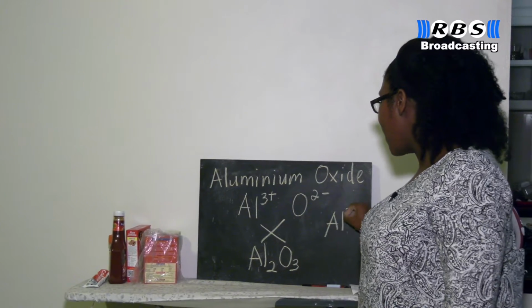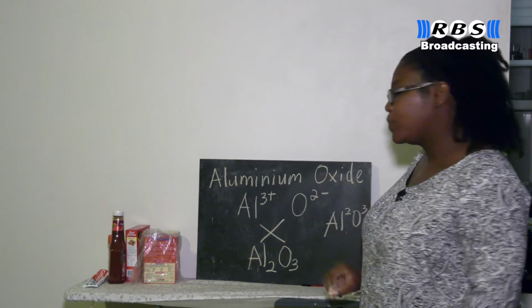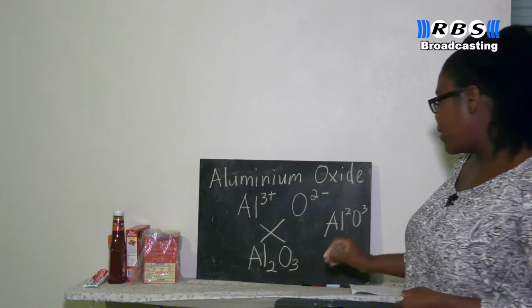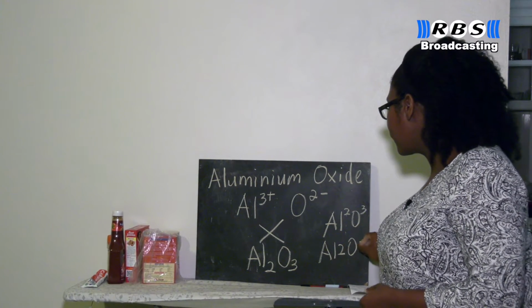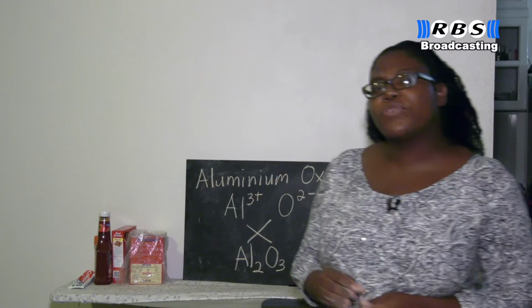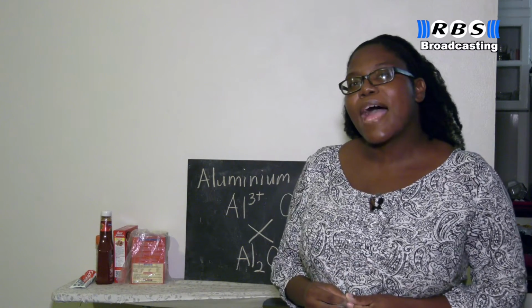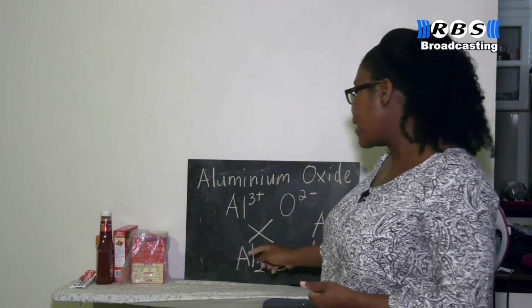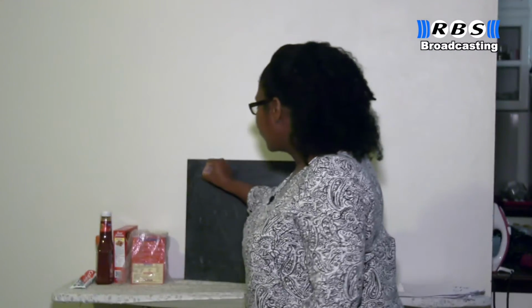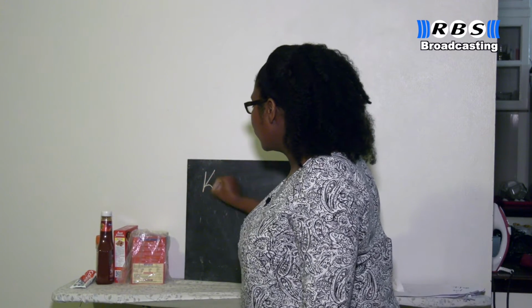This is not correct. Neither is this. So we want you to write those numbers as subscripts. Subscripts, meaning that they are dropped. Here is another example using the swap and drop method.